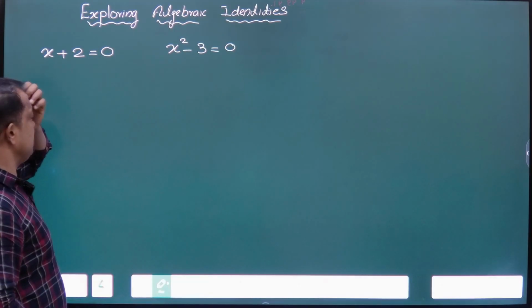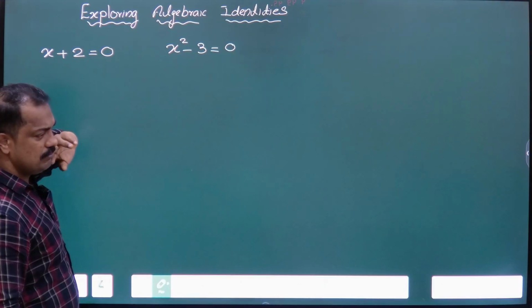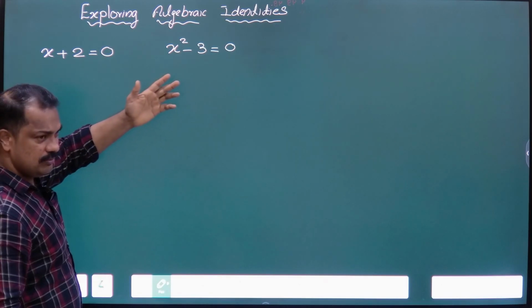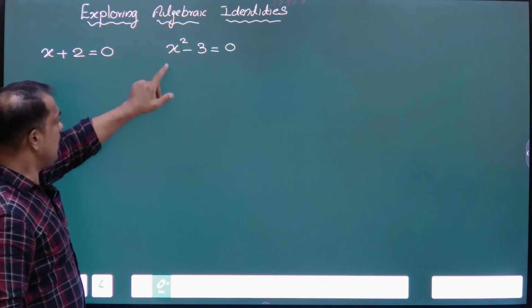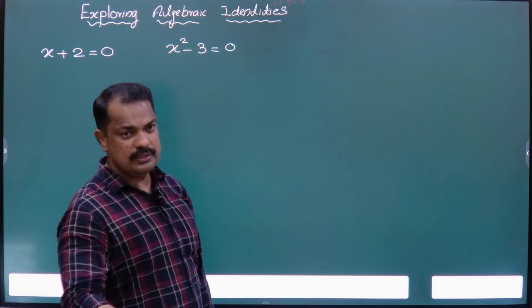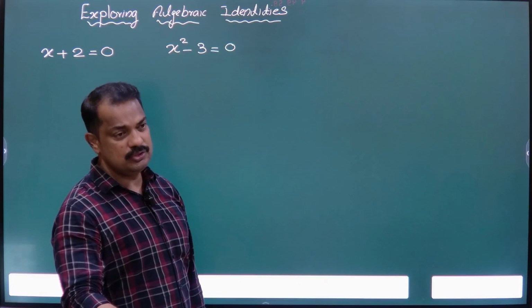X squared minus 3. Put x equal to 3. What is the answer? 6. Not true. Put x equal to root 3. Root 3 squared is 3, 3 minus 3 is 0. This is true.